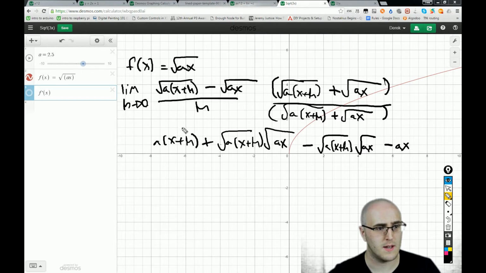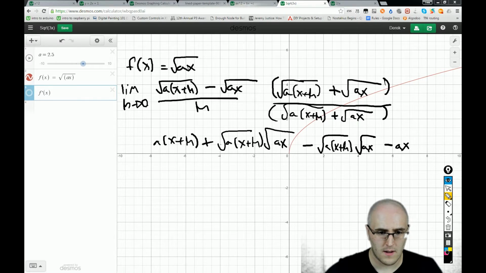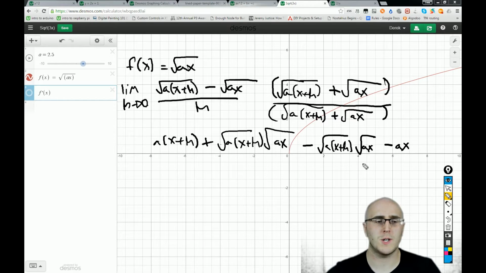So this is the first two terms multiplied together, this one and this one. This is the first and second. This one is the second and the first, and this is the second and second. Well, the useful thing about conjugates is they always have a pair of canceling terms. Right here, this cancels out and this cancels out.